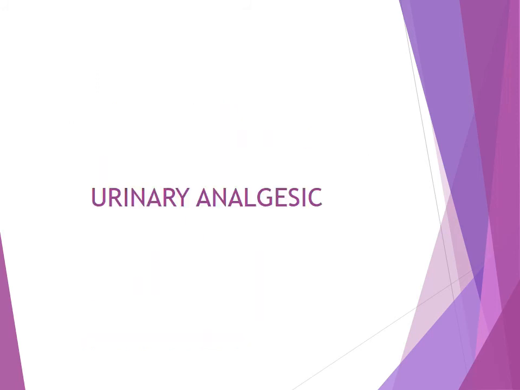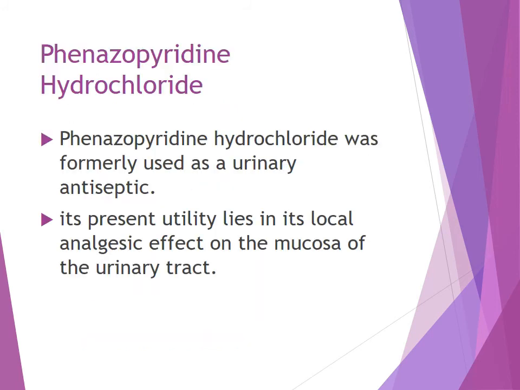Next, we have your urinary analgesic, such as your phenazopyridine hydrochloride. This was formerly used as a urinary antiseptic. Its present utility lies in its local analgesic effect on the mucosa of the urinary tract.